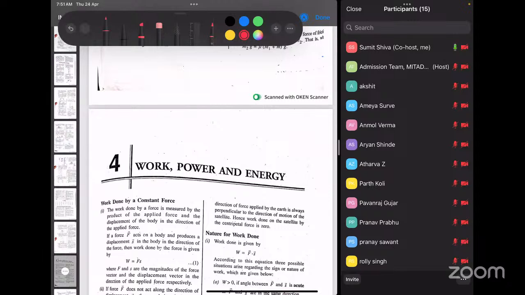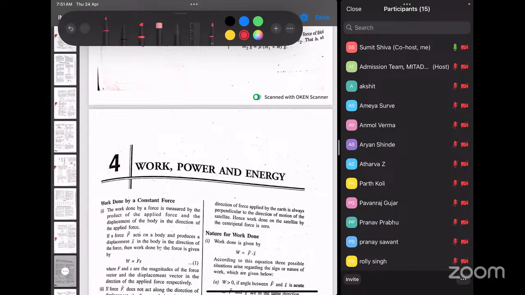So this complete concept indicates that work done can be negative, positive, or zero. But work done is a scalar quantity, so we need not worry about the direction. We just look at the magnitude of work done and the sign: zero work done, positive work done, or negative work done.